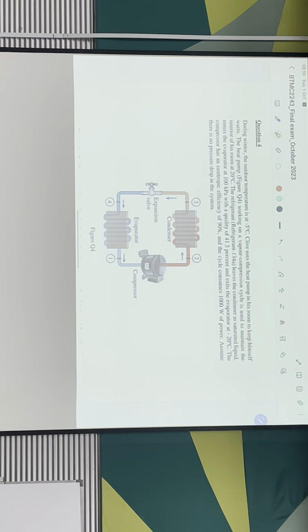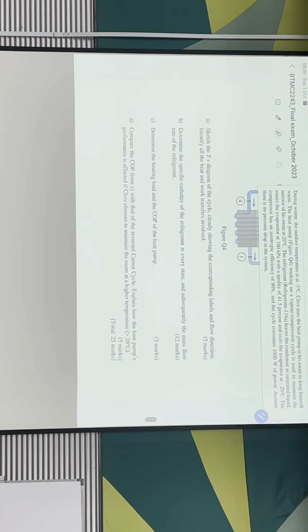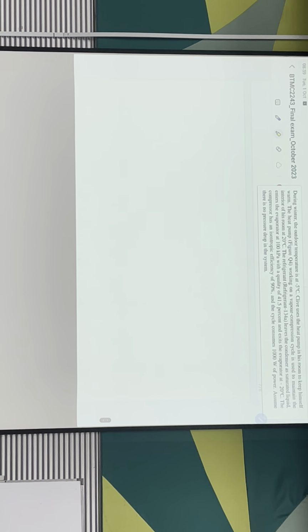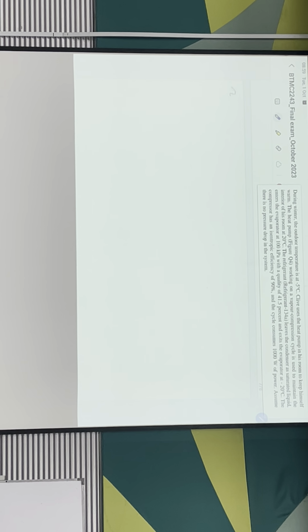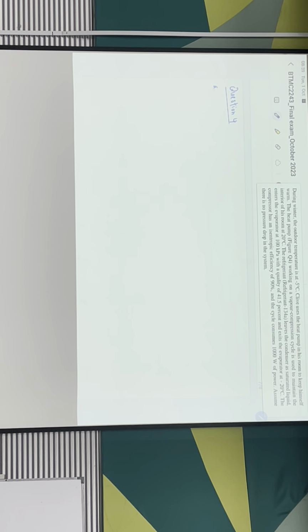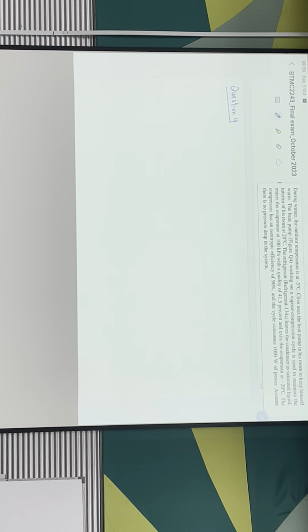Let's just draw the TS diagram first, just so we know what to do here. I think part A also asks us to draw a TS diagram, so we can draw it and note down the information given to us here as well. Okay, we note down the information.